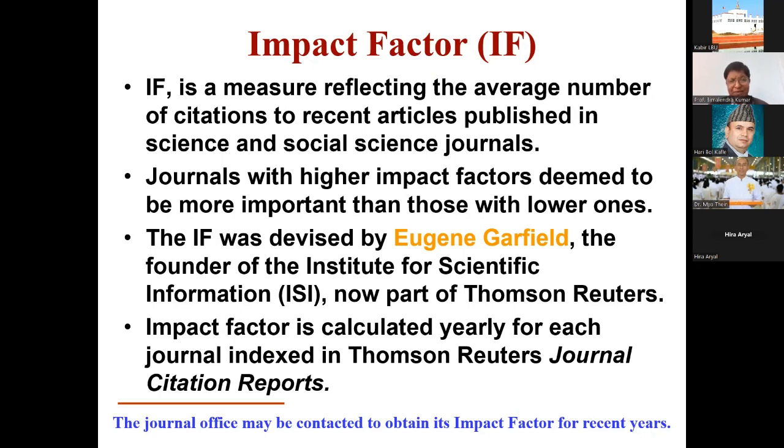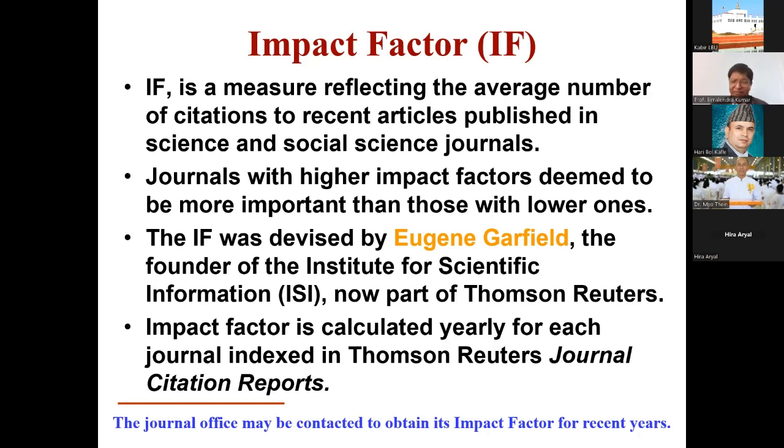The impact factor is a measure reflecting the average number of citations to recent articles published in science and social science journals. How many research papers are being quoted by other persons, based upon that there is an impact factor. So journals with higher impact factors are deemed to be more important than those with lower ones.